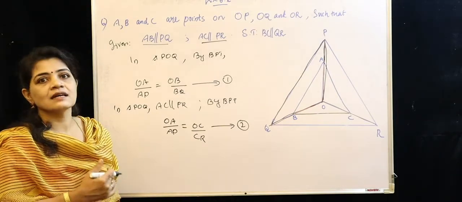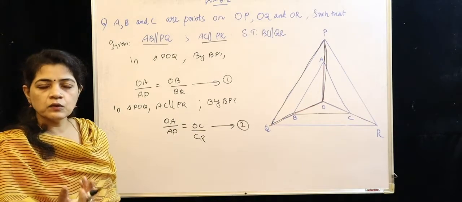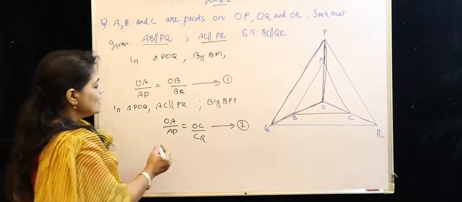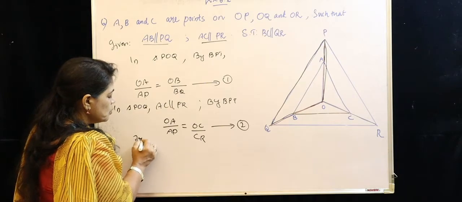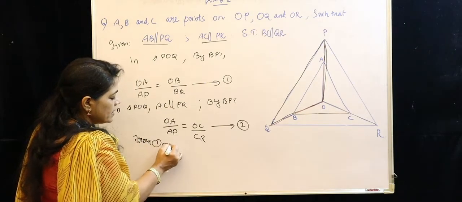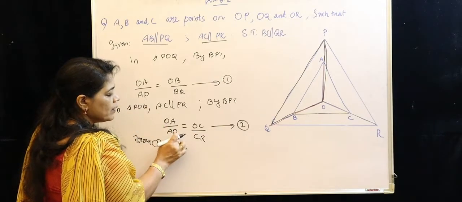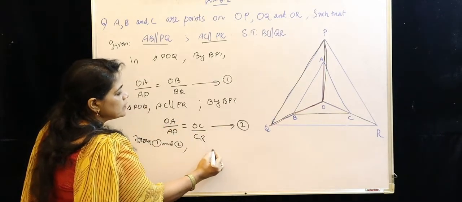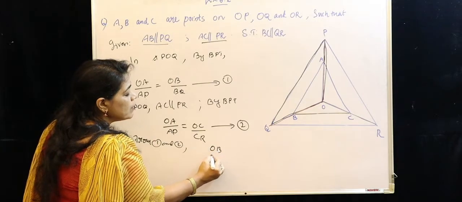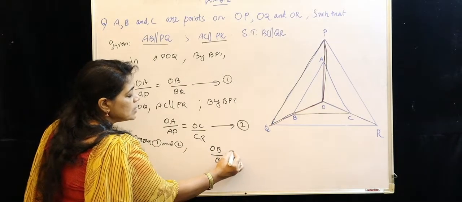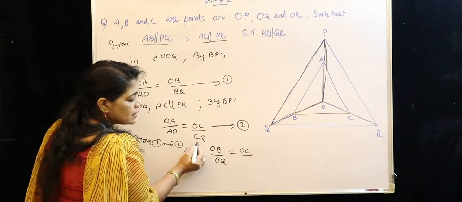Since the LHS are the same, you can equate the RHS. From equation 1 and equation 2, since OA by AP is the same, OB by BQ equals OC by CR.